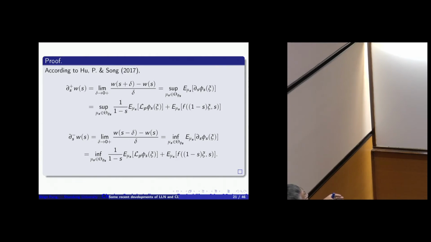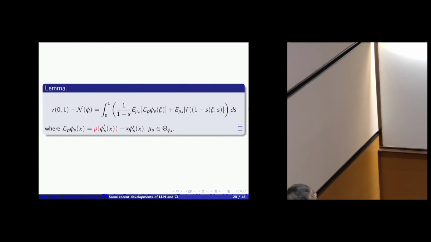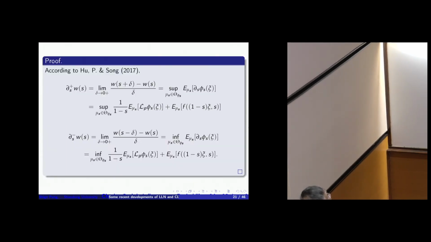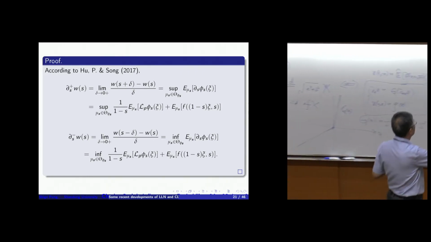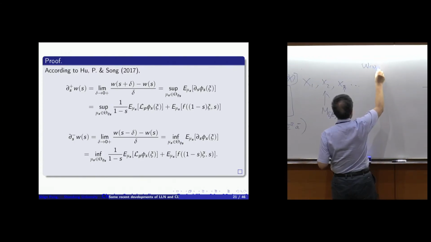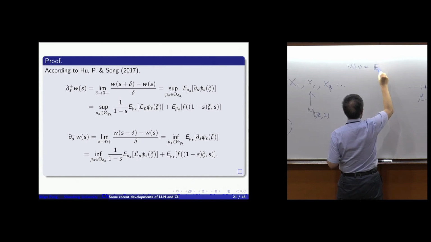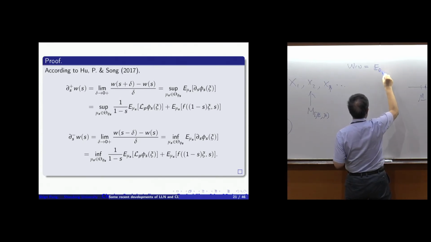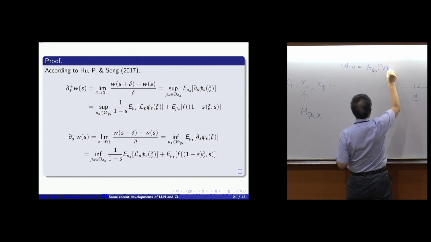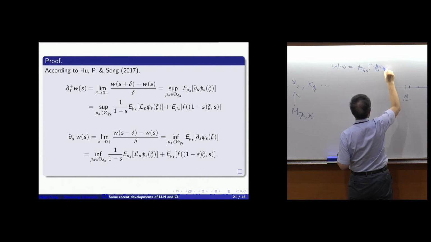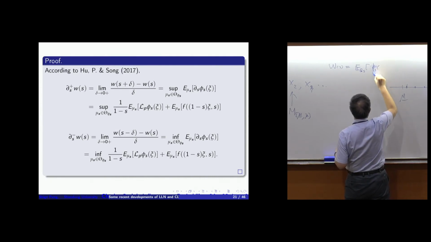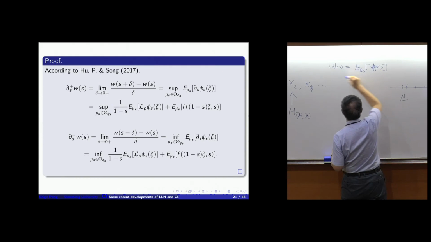If I define this as V, if I define this as Vs, Vs is Ws, which is E theta S V phi S, with phi S as defined here.